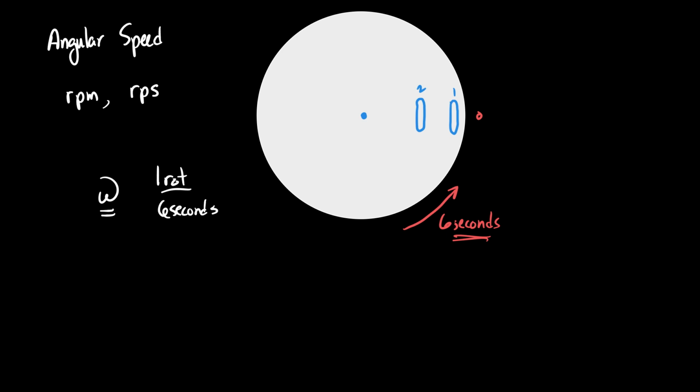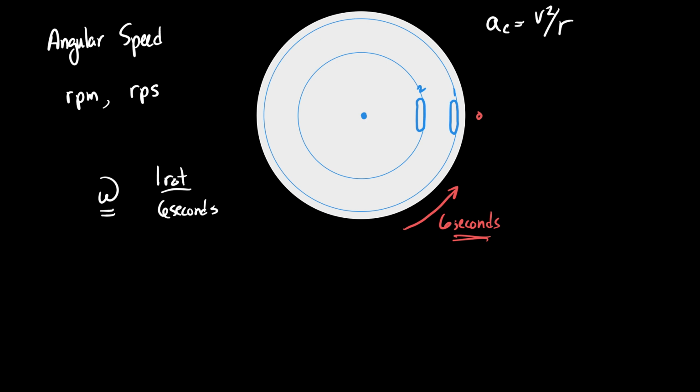But I hope this part is obvious. The person that is on the outside is traveling in a bigger circle than the person that's on the inside. And since it takes them the same amount of time, person 1 traveled farther than person 2. Does that make sense? So if you wanted to know how fast they are going, because remember, we're talking about centripetal acceleration, v squared over r.